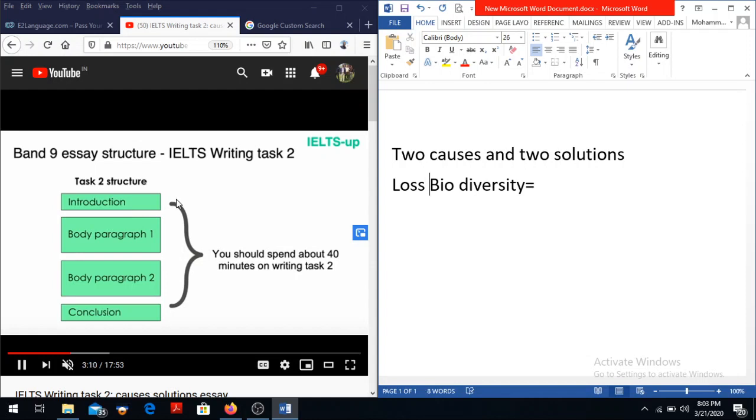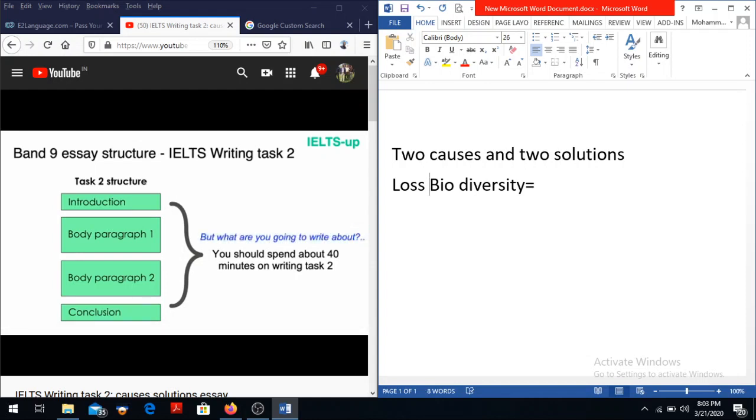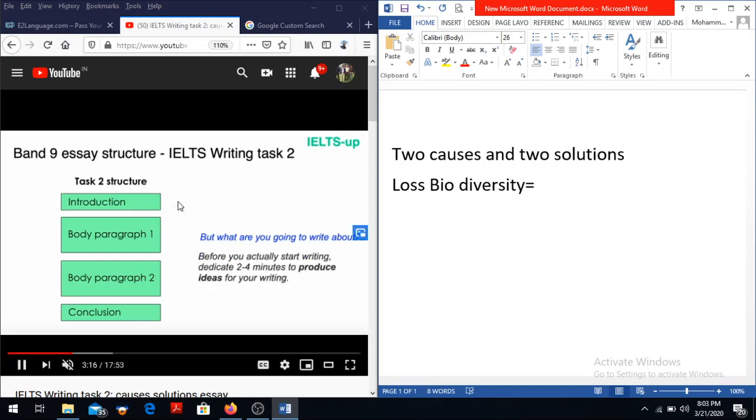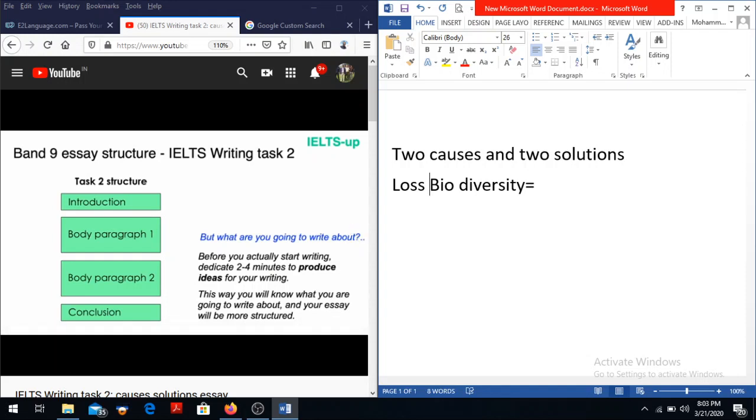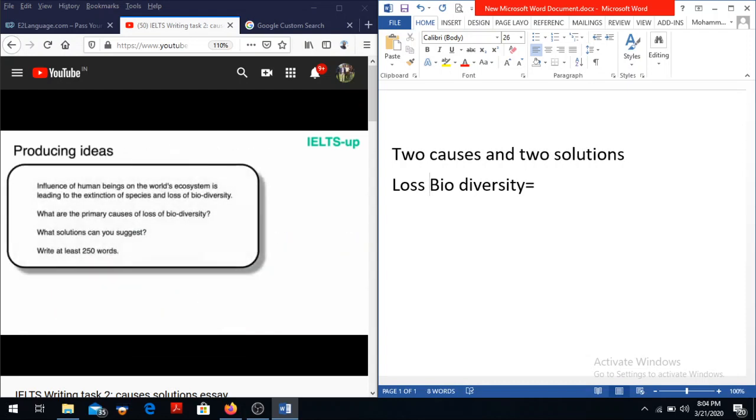So here we have to spend around 40 minutes on writing task 2. Before going to write, you should spend at least 2 to 4 minutes to produce ideas. This way you will know what you are going to write about, and your essay will be more structured.